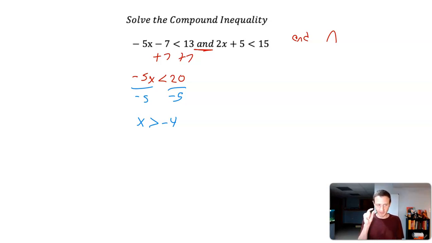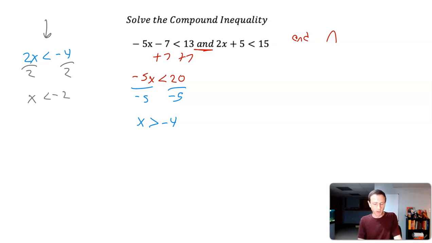That is something that's really easy to forget. If you forget that one little rule, where you have to flip the inequality when you're dividing by a negative, you're going to mess up a lot of things. One note I do want to make: let's say I have 2x is less than negative 4, and I divide by 2. In this scenario, you do not need to flip the inequality because it's just negative 4 divided by 2.